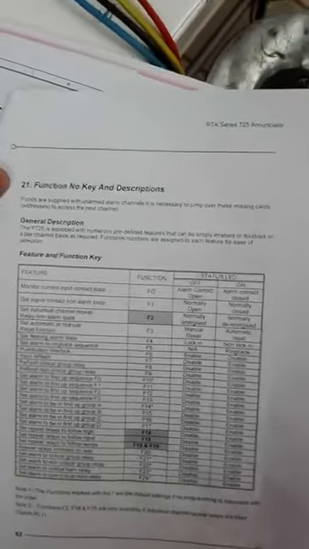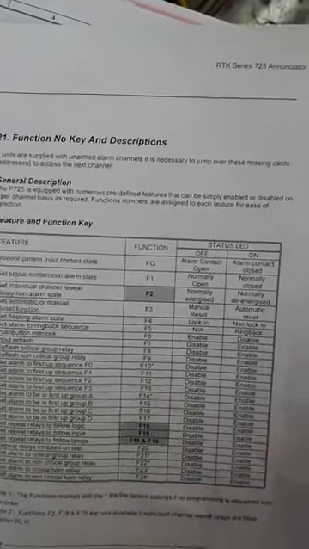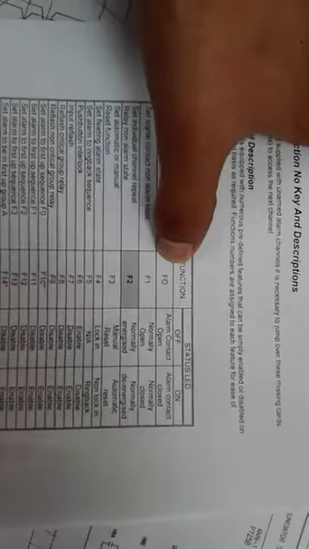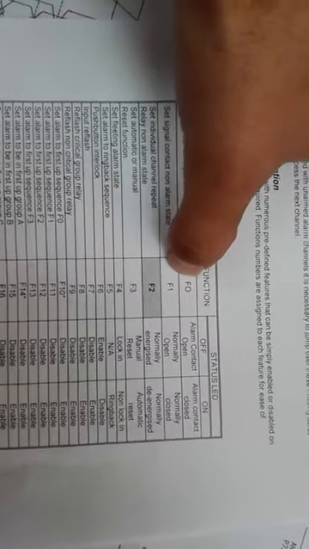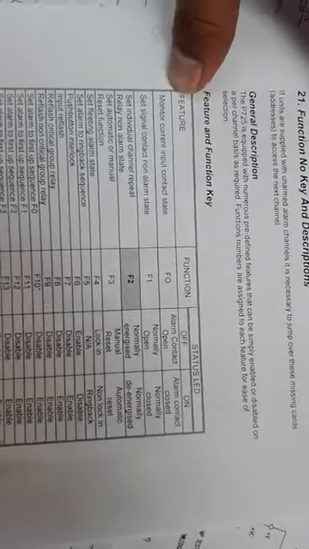The next portion is the function key and descriptions. This section explains the functions, the status of LEDs, and which function has what feature. I will show you practically later, but first I will explain this. When you enable function F0, what is its feature?